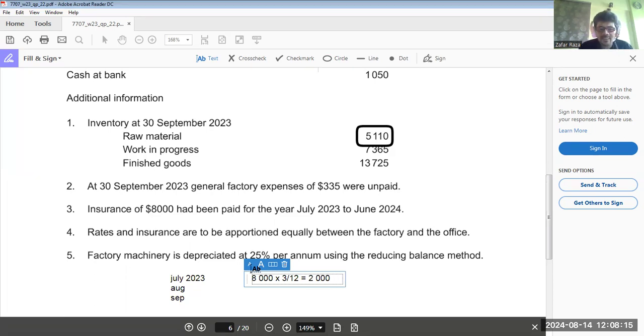Are you getting my point clear? Again, I am repeating. Out of insurance, 8,000 will be applicable for only 3 months of this year and 9 months of next year, because we are standing over here on September 2023. Getting my point clear?